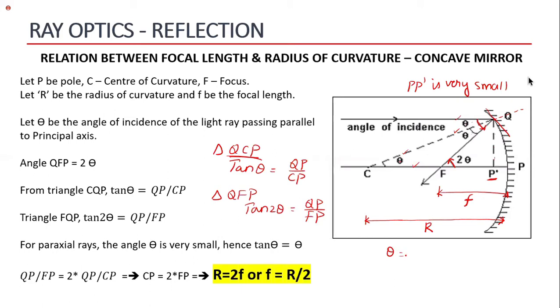So I know theta is QP divided by CP, and I know 2 theta is QP divided by FP. So 2 times QP divided by CP will become QP divided by FP. So QP gets cancelled. From this, FP will become CP by 2.